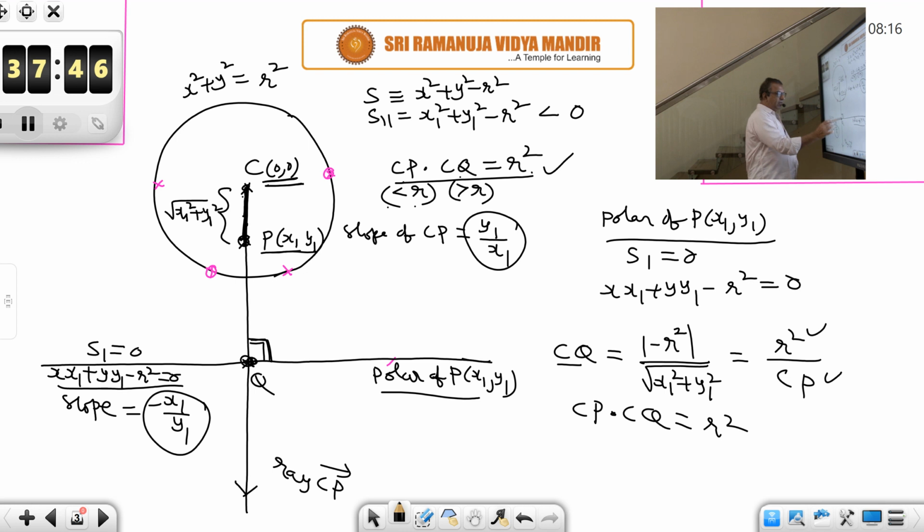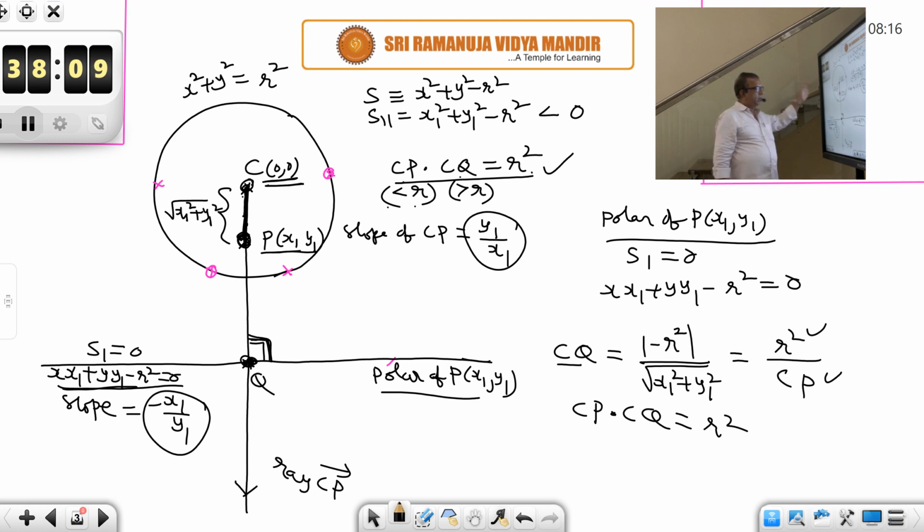So that is what I said. Q will be at such a distance that CP into CQ is equal to r square. C is fixed point, P is also fixed point, but Q we can locate by using this property CP into CQ is equal to r square. And also we have shown that this line is perpendicular to this. So I think we have proved it.